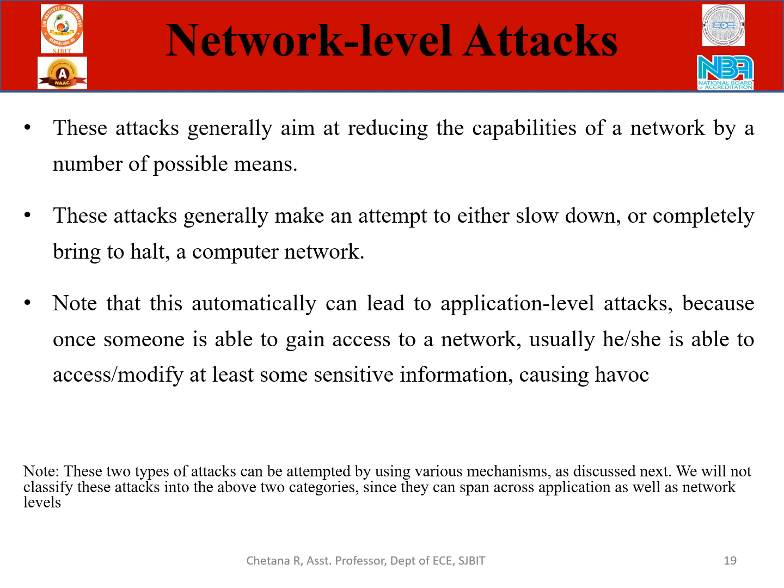Note that this can automatically lead to application level attacks also, because once someone is able to gain access to a network, he or she is able to access and modify. Generally it happens, but when it is happening intentionally, we call it an attack.